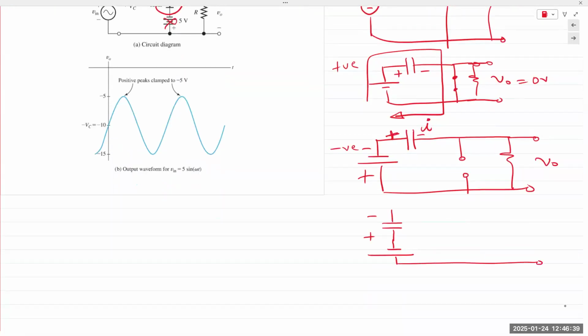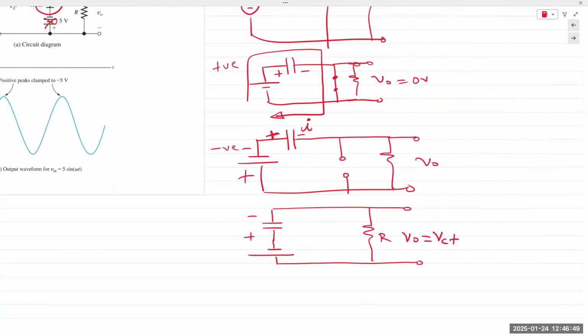It adds up. And so now your V out is equal to VC plus V in. So a capacitor, let's say it's whatever value of the capacitor you have, will start to discharge in the opposite direction, meaning it has stored energy.